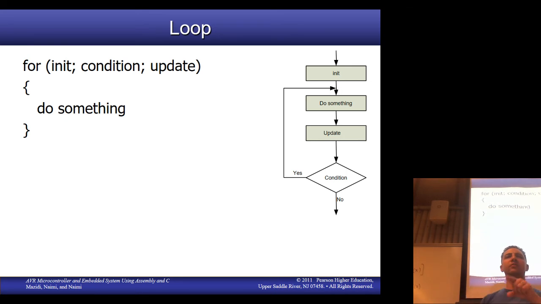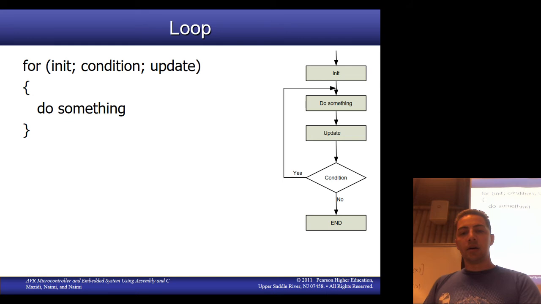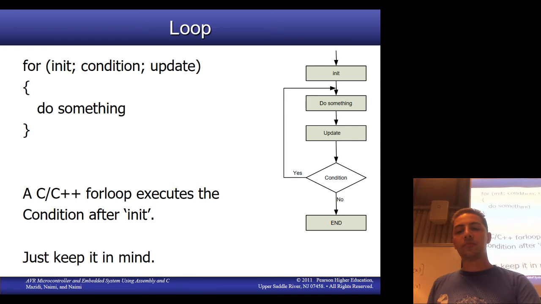Strictly speaking, this flowchart is not a for loop. The one difference in a for loop in C versus this flowchart is that the first time through a loop, it actually will do the condition right after you do the initializer. But for most intents, this is fine. Oh, yeah, I even wrote it down. Normally right after the init, we execute one conditional.